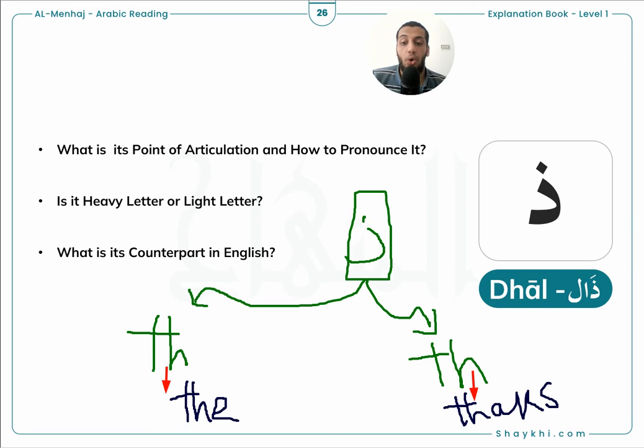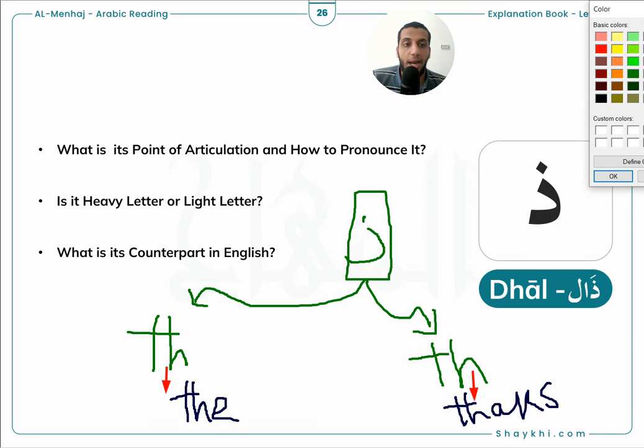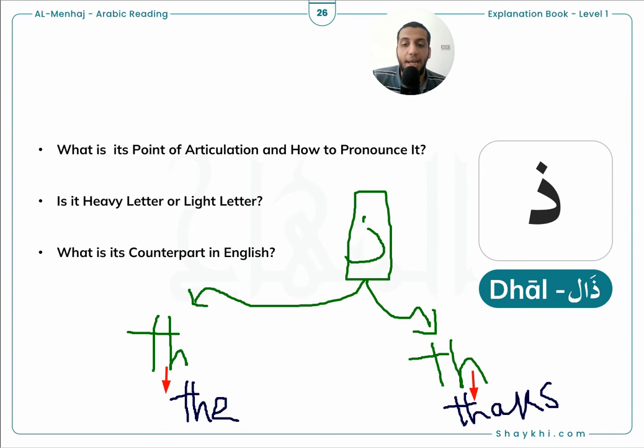Now I want to ask you: which th do you choose for letter Dhāl, the th in the word "the" or the th in the word "thanks"? Try to think.